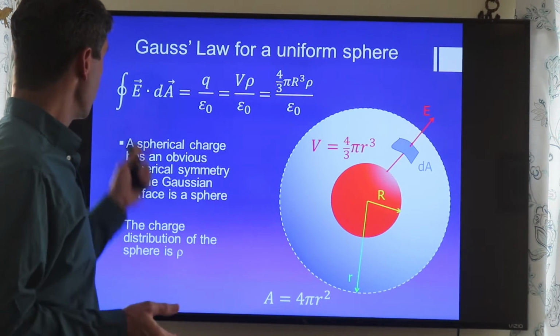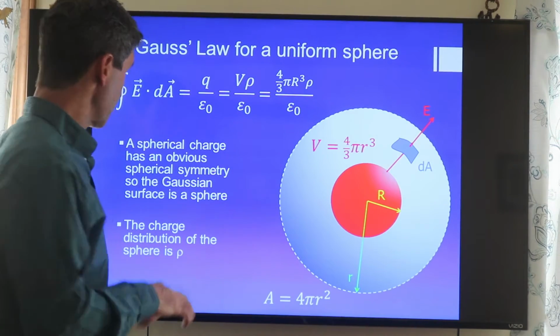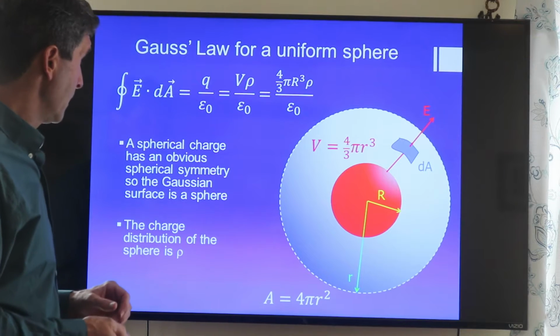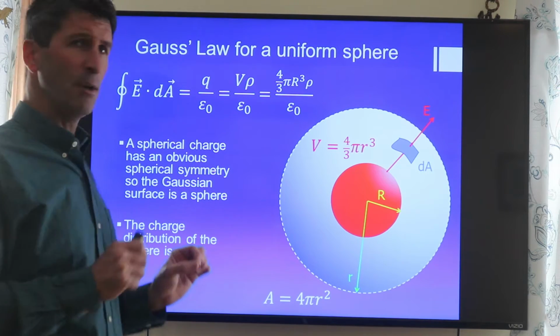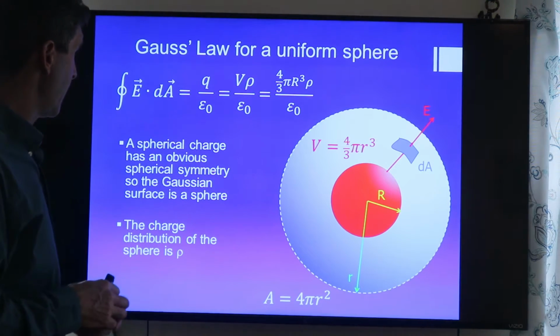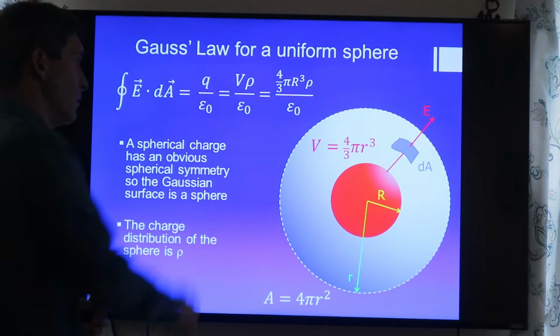The integral on the left is still going to become E times A, the electric field times the surface area of the sphere, which is 4 pi r squared. But instead of using Q here, we're going to use how much charge we have per unit volume. So Q is going to be replaced by rho.